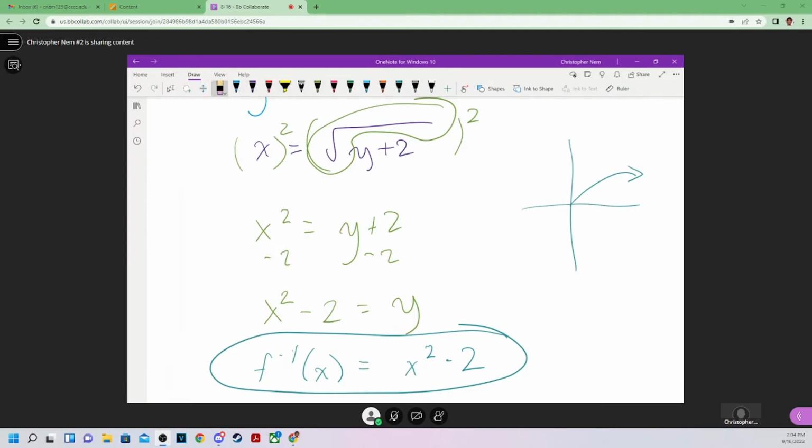Maybe I went left 2, so let me be more precise. I went left 2, if I did the transformation. Boom. That's my function originally. This is g of x, I'm sorry. My g of x is this guy. Well, once I found the inverse, it says the inverse is x squared minus 2. It said it's this guy right here. Let's see.